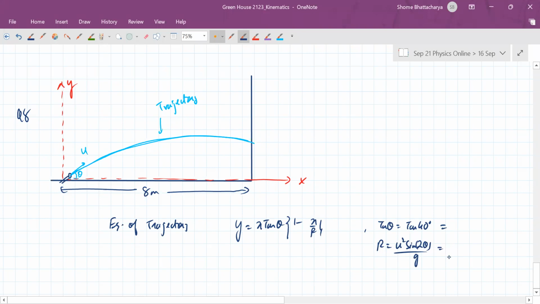So u is given to us as 20 meters per second. So let's see how much this comes.